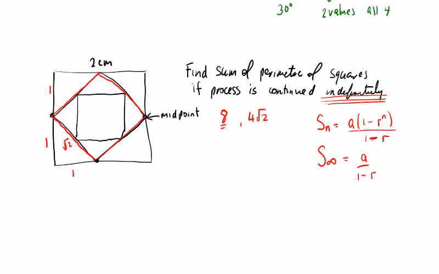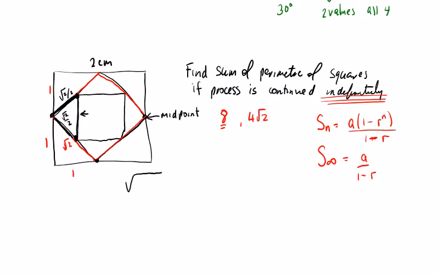Well, let's get the length of the next side. So if we have root 2 being the red one, I'll just change color. This black one, then we're looking for the length of these ones. So this is going to be root 2 over 2, this bit just here, and so is this bit here going to be root 2 over 2. So to get this one, it's Pythagoras again.